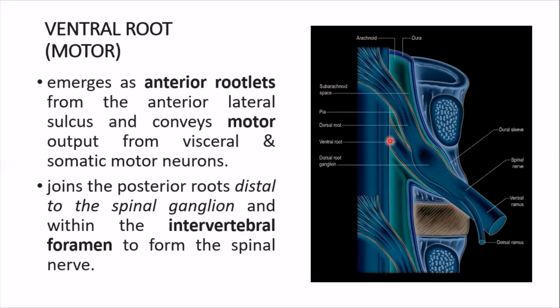It joins the posterior root distal to the spinal ganglion, right? This is the spinal ganglion, and this is the dorsal root. So the ventral root joins the posterior root distal to the dorsal root ganglion in the intervertebral foramen, and thus the spinal nerve is formed.